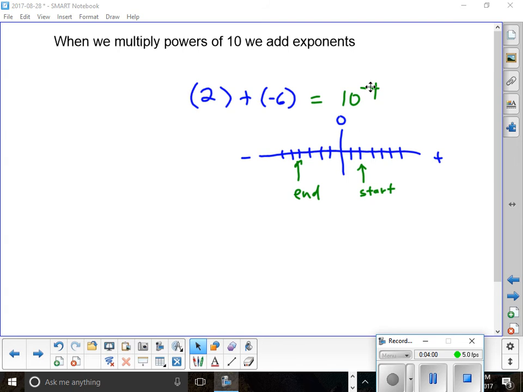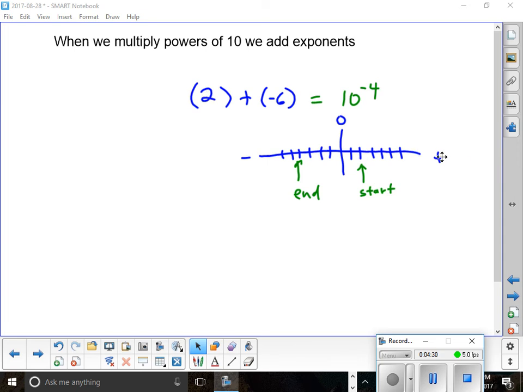For those of you at home, one of the things you can do to visualize this is, when you multiply, you're adding exponents. The exponents that we added in this last problem were 2 and minus 6. Here's our number line. We start here. 10 to the 2 is 2 to the right.